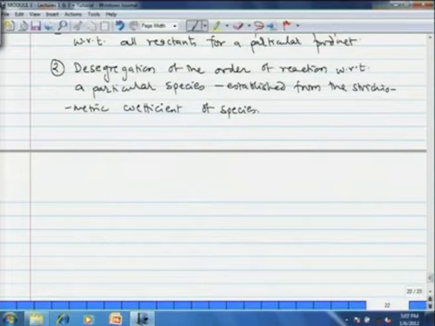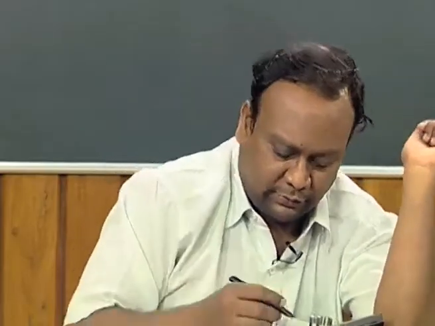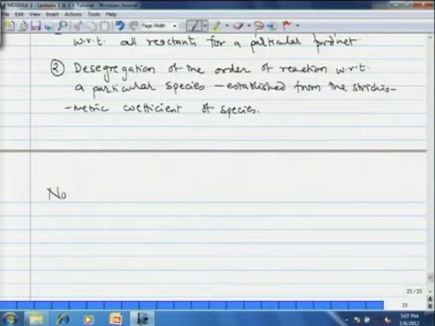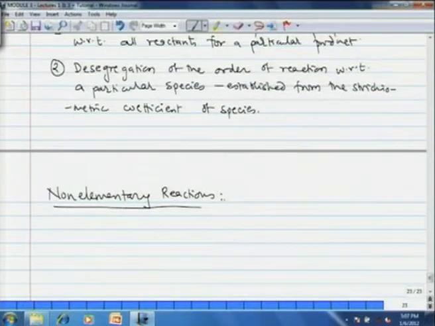Then the next reaction type is that of non-elementary reaction. Now, these reactions are characterized by rates that do not match their stoichiometry.